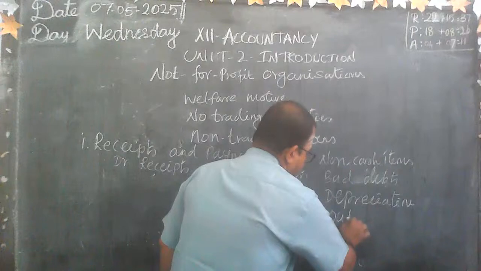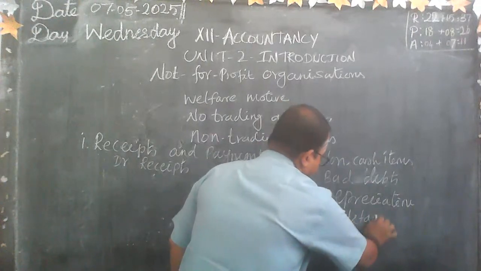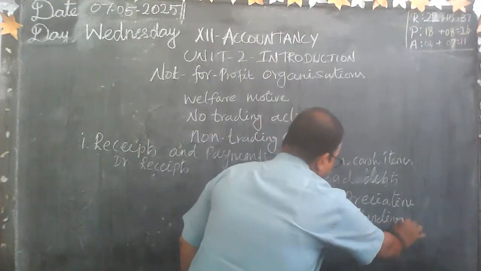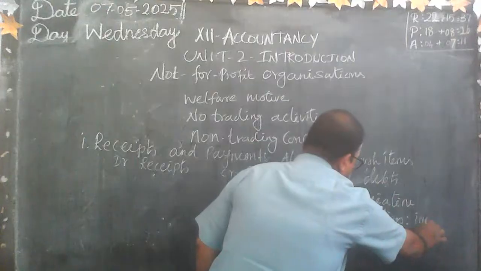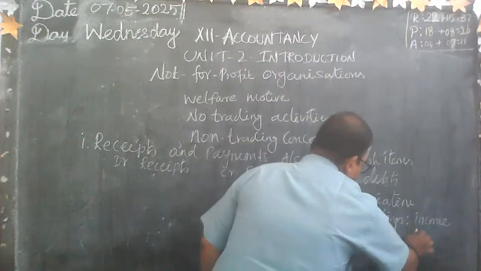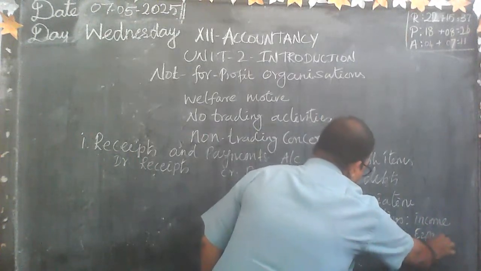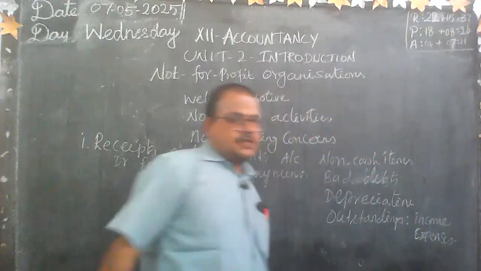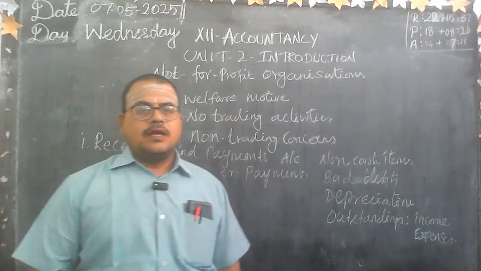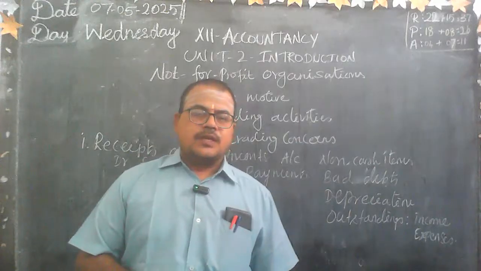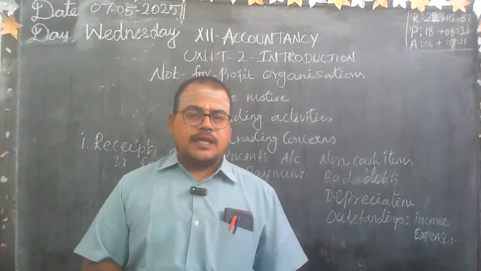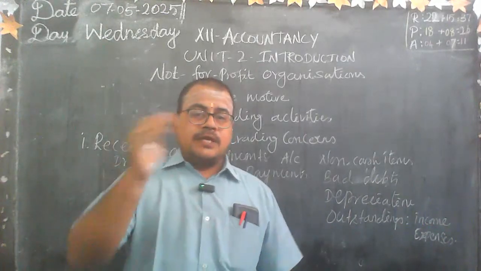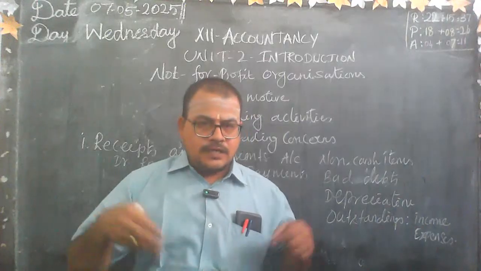And then outstandings, whether it is outstanding income or outstanding expenditure. There is no cash movement. For example, income that is to be received but not yet received.